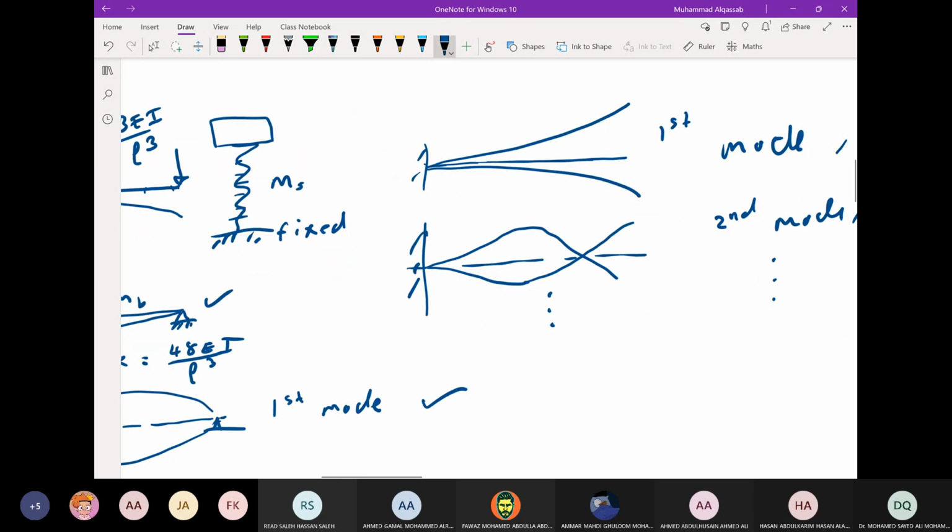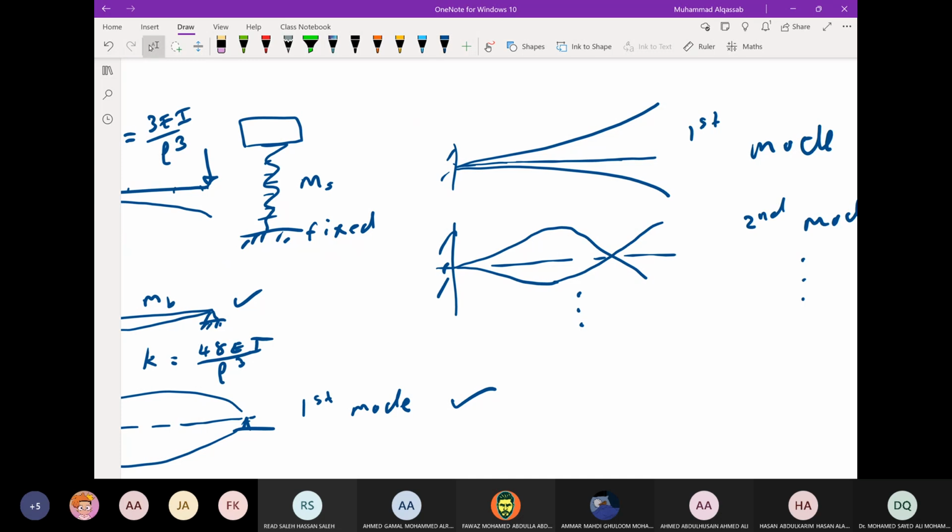So we are doing an approximation of one of the modes. Usually we practice here with the first mode, because this is the most important, and that might be the excited mode under forced vibration.